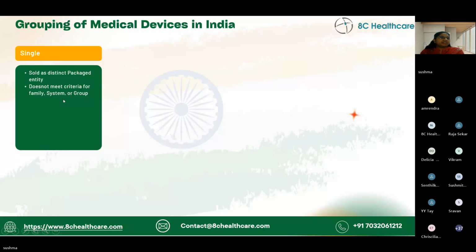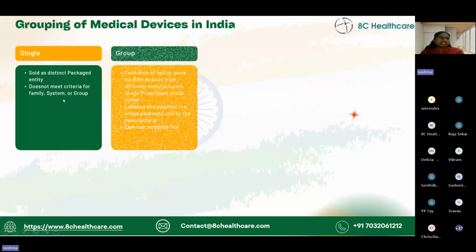The next is a group, where a collection of two or more medical devices are put together, which are from different manufacturers, but sold under a single proprietary group name. They are supplied in a single package and have a common intended use. So we can group these two or more devices under the category of group.